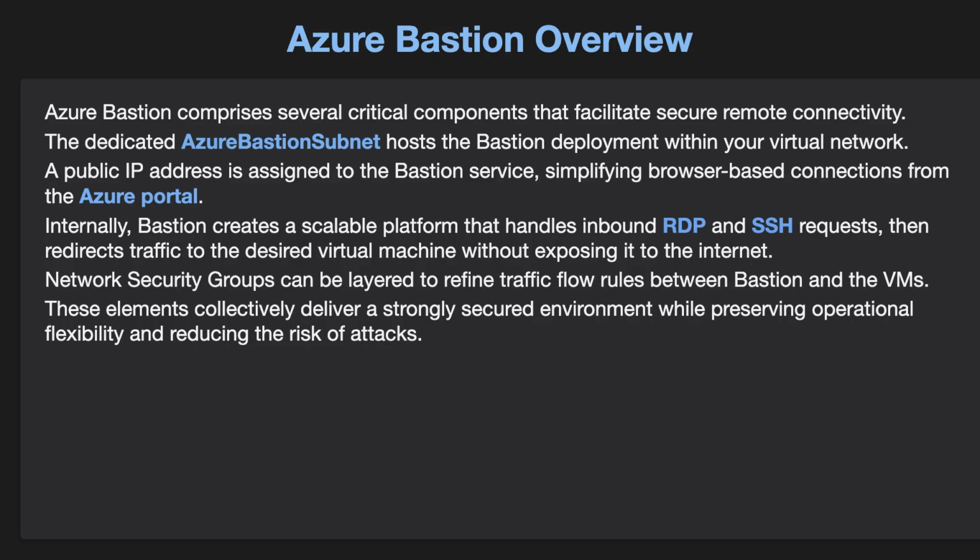Internally, Bastion creates a scalable platform that handles inbound RDP and SSH requests, then redirects traffic to the desired virtual machine without exposing it to the internet. Network security groups can be layered to refine traffic flow rules between Bastion and the VMs. These elements collectively deliver a strongly secured environment while preserving operational flexibility and reducing the risk of attacks.